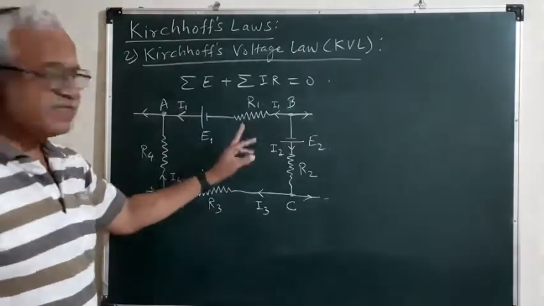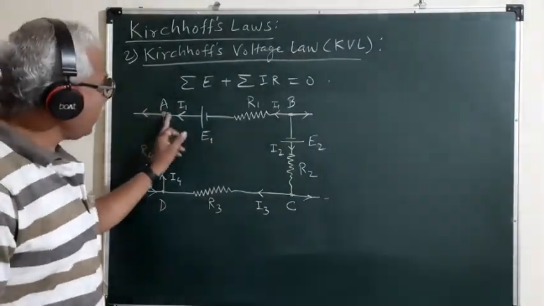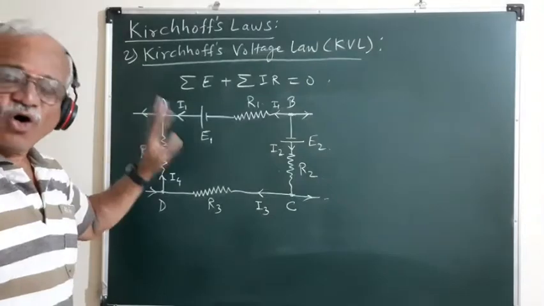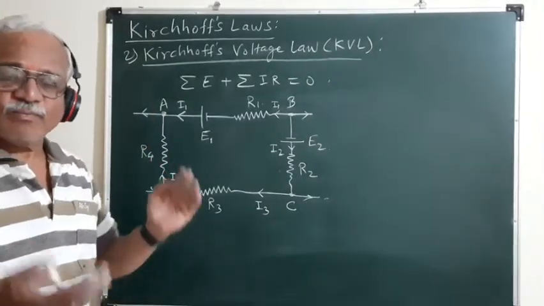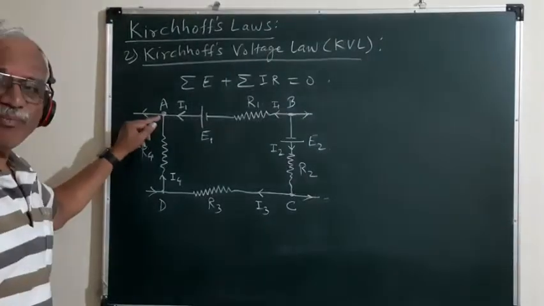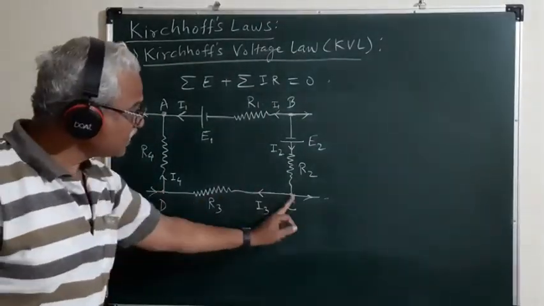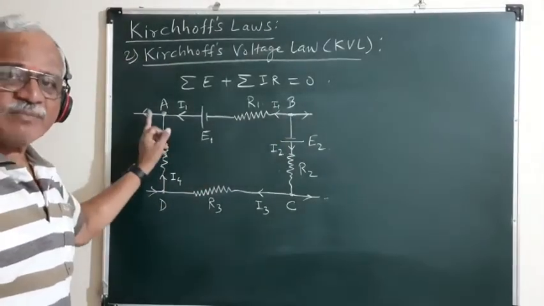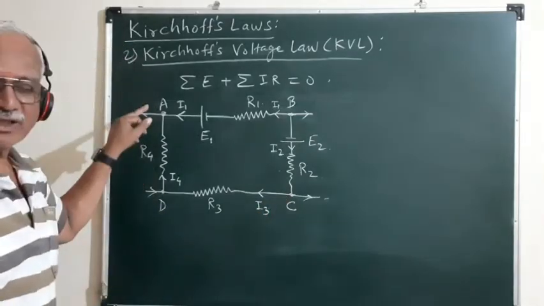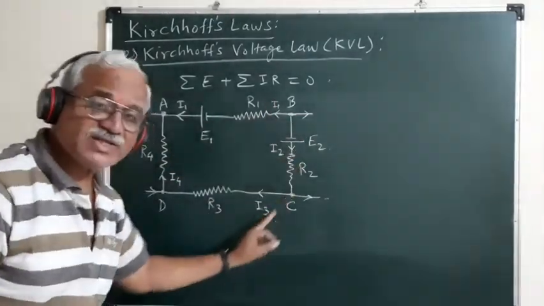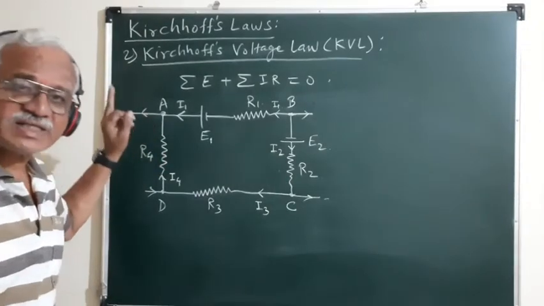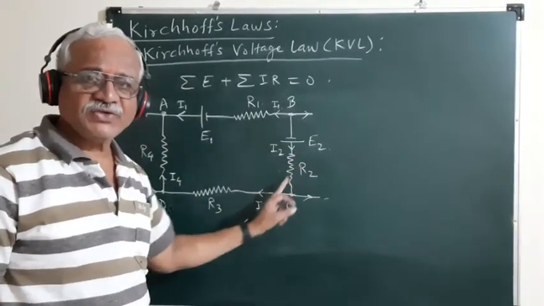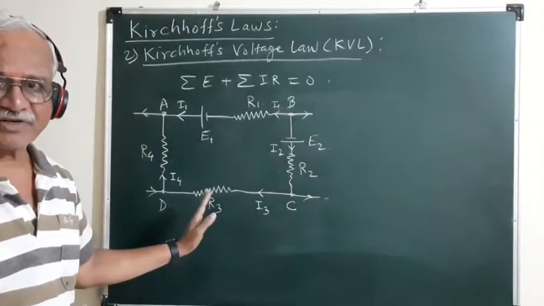Either we can trace it from A to B, B to C, C to D, and D back to A, or else we can follow the path from A to D, D to C, C to B, and B back to A. If after traversing the different branches we arrive at the same starting point, the path followed is said to constitute a closed loop or a mesh.